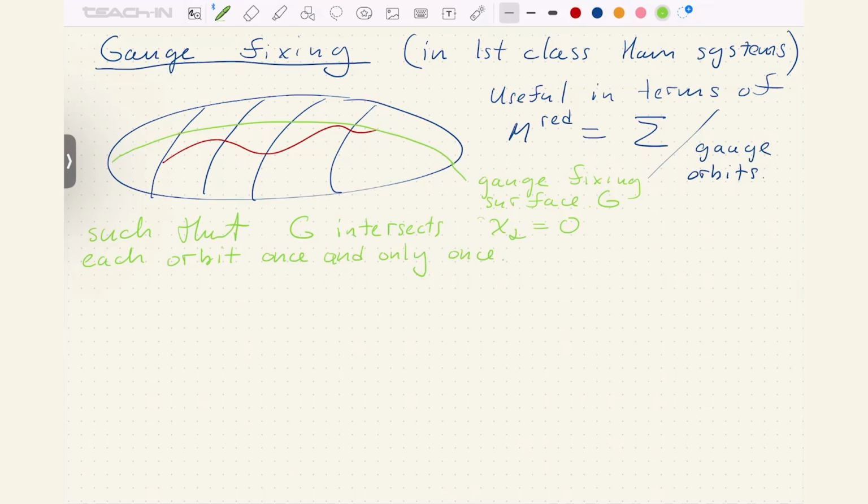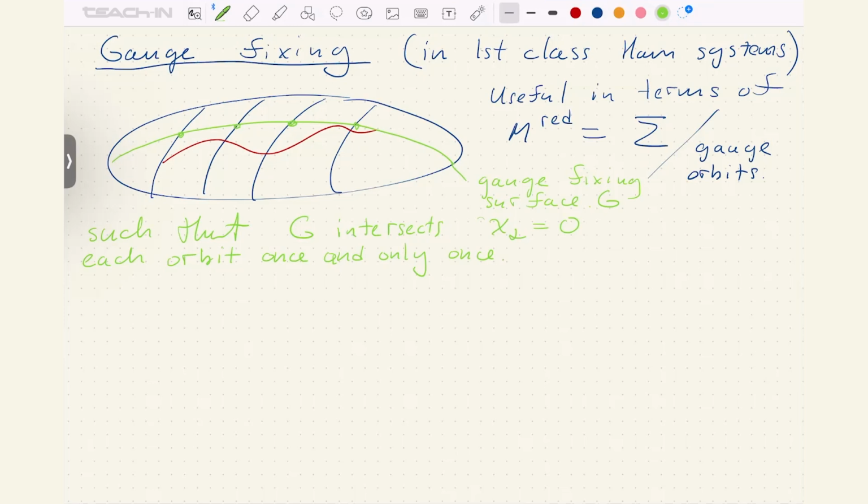So in other words, it picks one representative, one point, out of each gauge orbit. So what realistically are we talking about? We are talking about a particular parameterization of our reduced space.